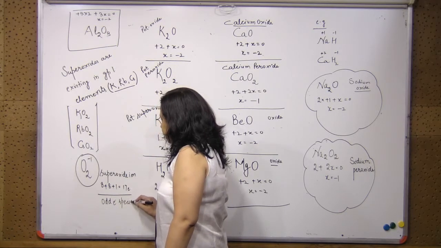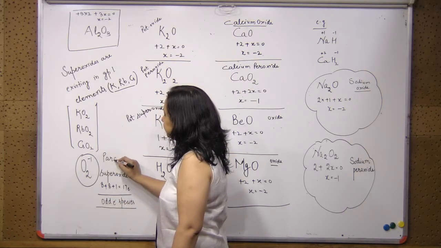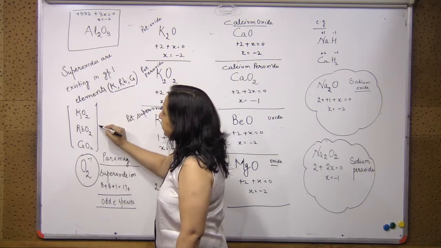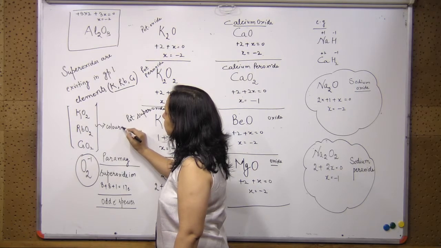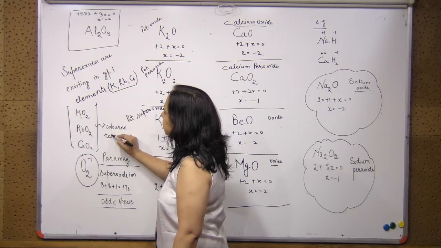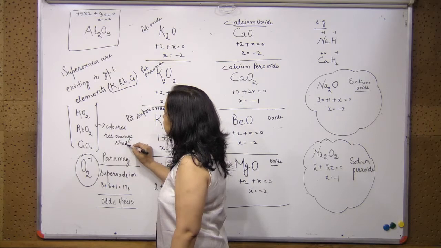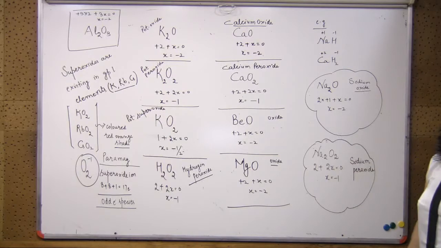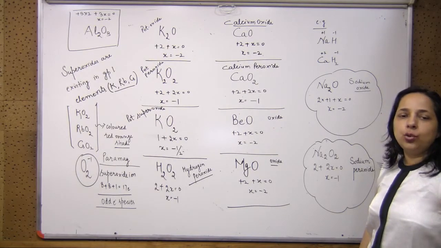When it is an odd electron species, it is going to be paramagnetic. And due to paramagnetic characteristics, these are colored, in a reddish orange shade. The superoxides are generally reddish orange, paramagnetic, with the odd electron species O2 1 negative.